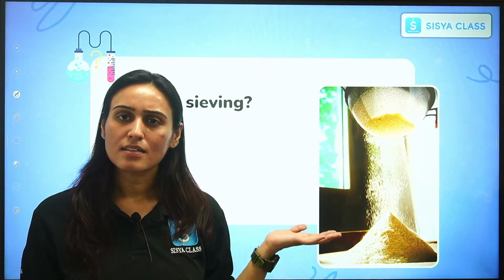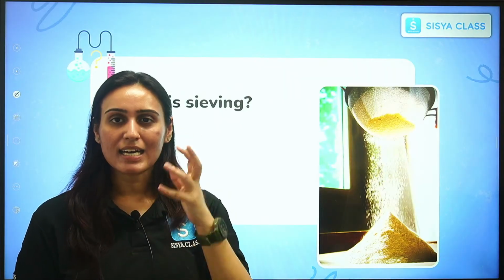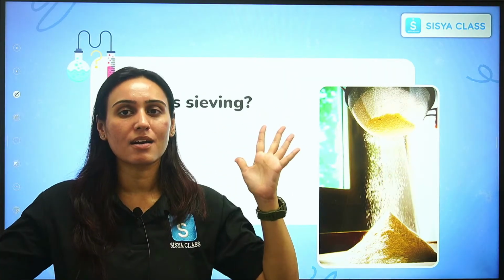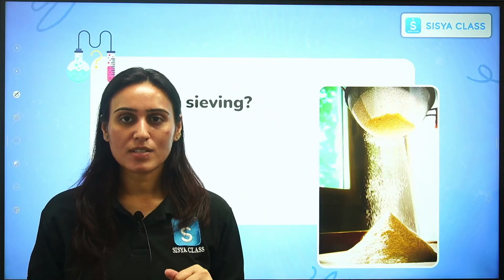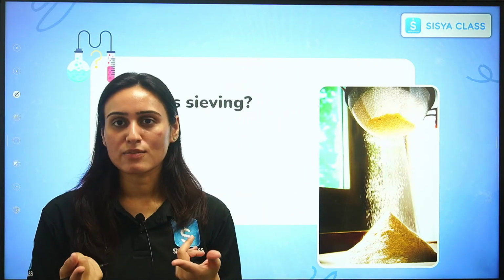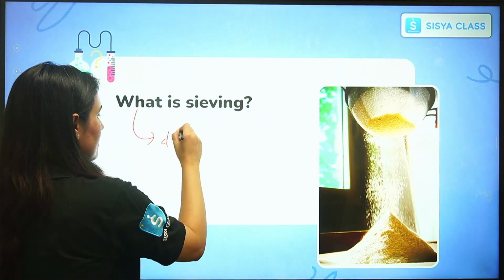This is sieving, right? You also must have done it. You are trying to separate out very fine small particles from bigger particles. So what are we using here? The difference in their size. What is the principle? This is what we have to focus on, right, everyone? The difference in size.